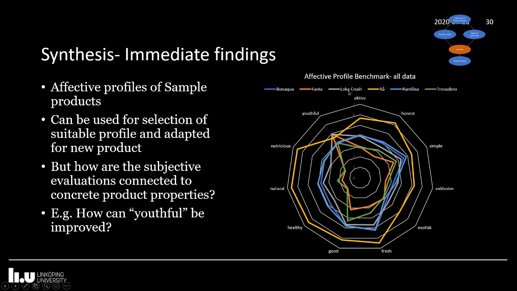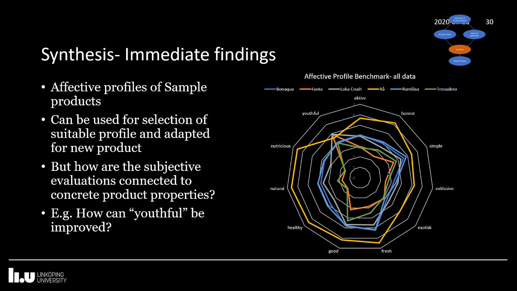And then we had products like Loca Crush and Trocadero. Loca Crush, for example, is a sugar reduced fizzy drink. It is not per se healthy, but it's perceived to be more healthy than Trocadero and Fanta, which marked the lowest, because everybody knows it's tasty, but it's not very healthy.